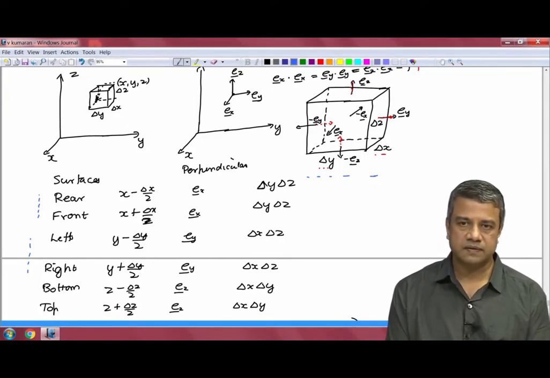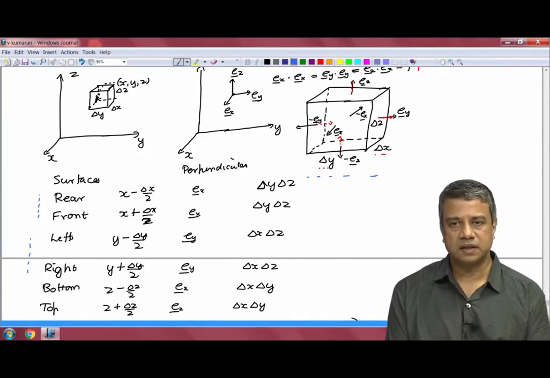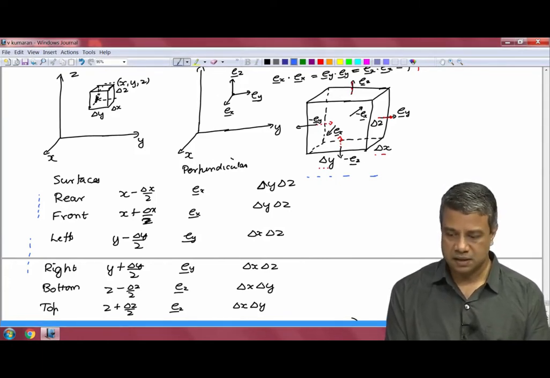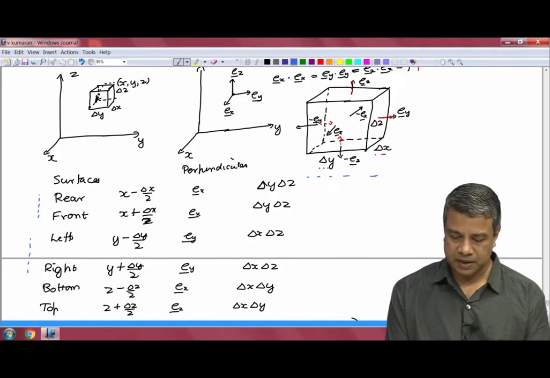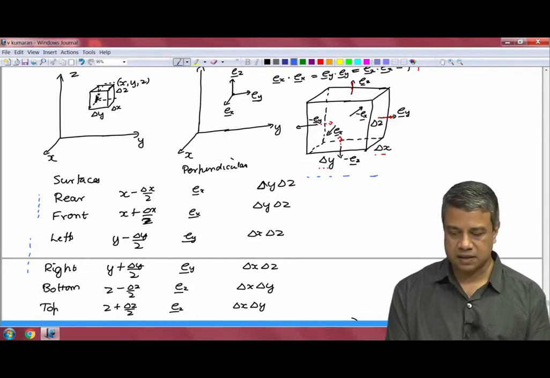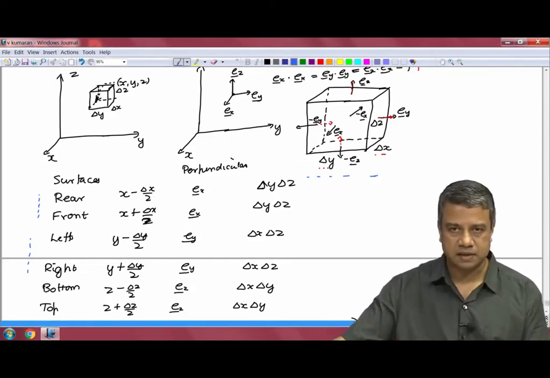So, for the surfaces perpendicular to the x axis, the area is delta y times delta z. For the left and the right surfaces perpendicular to the y axis, the area is delta x delta z, and for the bottom and top surfaces perpendicular to the z axis, the area is delta x times delta y.